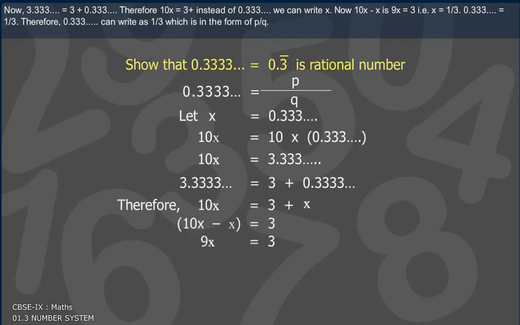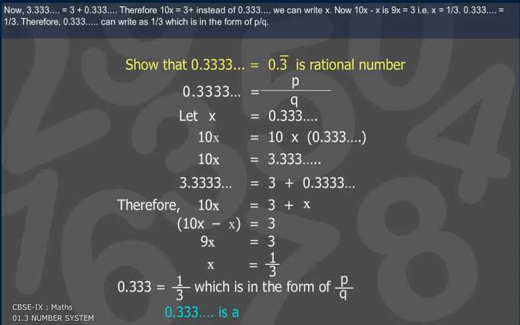Now, 10x minus x, which is 9x, is equal to 3. That is, x is equal to 1 upon 3. So 0.333 is equal to 1 upon 3. Therefore, 0.333 can be written as 1 upon 3, which is in the form of p upon q.